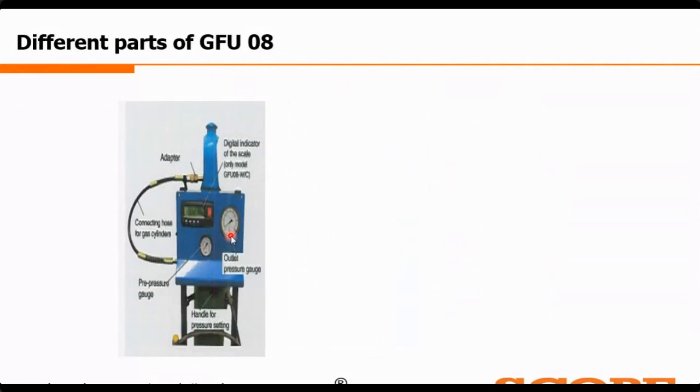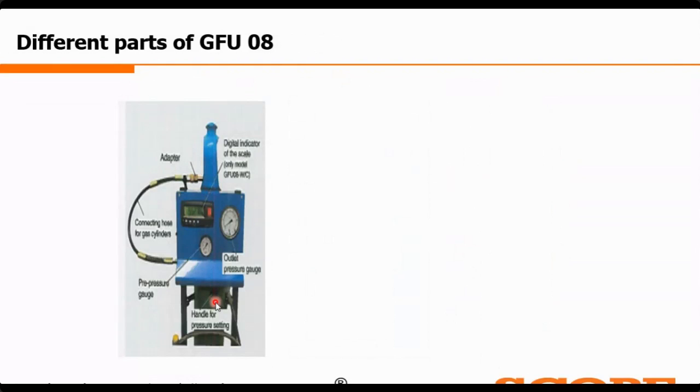For example, you need to fill one circuit breaker compartment which has a rated pressure of 6.5 bar. So on the outlet pressure gauge, you need to select 6.5 bar up to this. Automatically the filling operation will start. Other than that, this is the weighing scale I have already told you. Here it will only indicate the weight of the cylinder. Here the cylinder adapter is there, which is connected to the face of the cylinder.